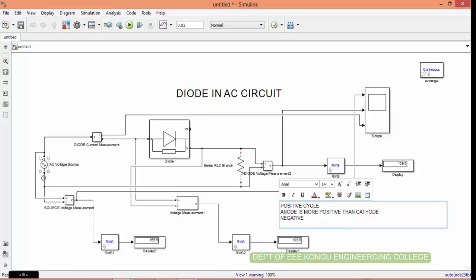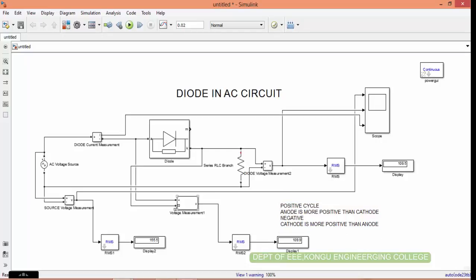During the negative cycle, this is negative and the other end is positive, so the cathode is more positive than the anode.